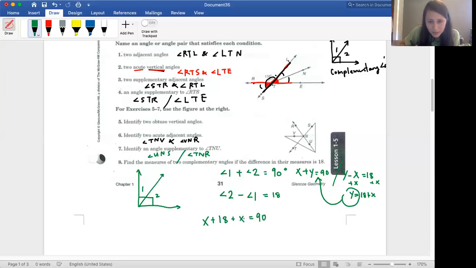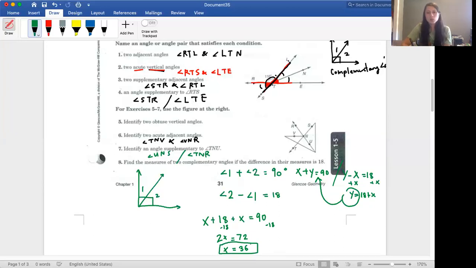And now I have x plus x, which is 2x, plus 18 equals 90. So I'm going to subtract 18 from both sides. And so now I have 72. So 72 divided by 2 is 36. And so one angle would be 36.